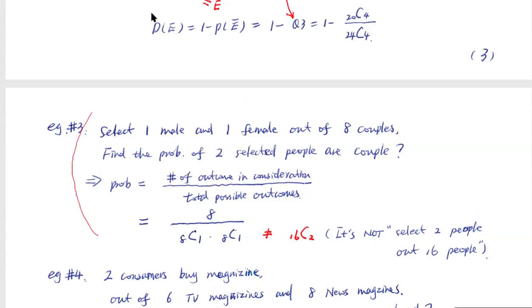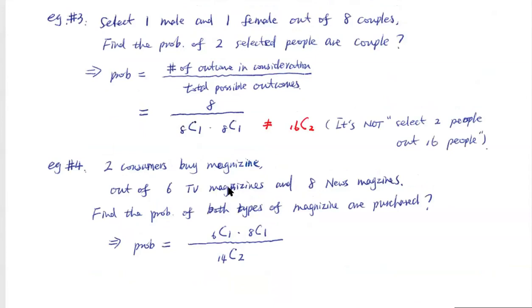Now, example number 4. 2 consumers are trying to buy magazines, out of a total 6 TV magazines and 8 news magazines. Right, so that's the information we are given.